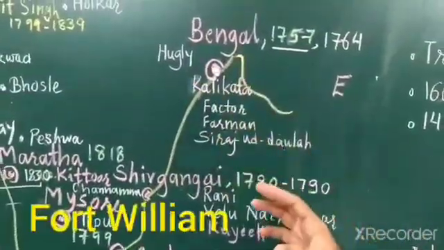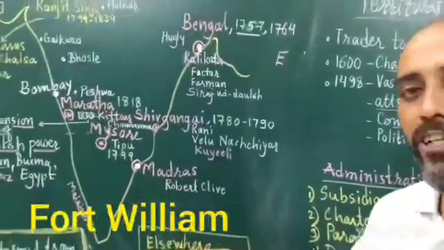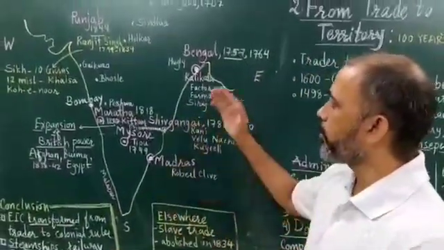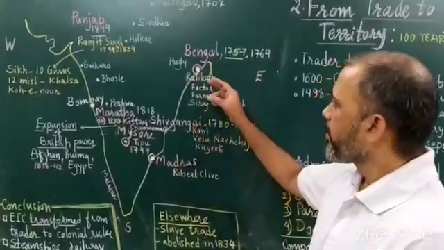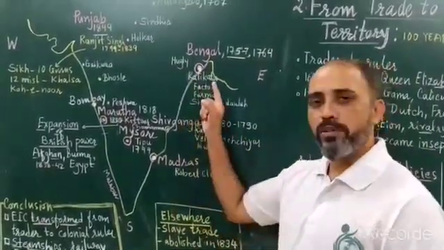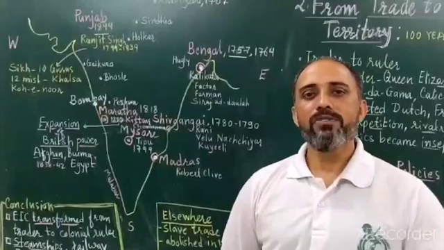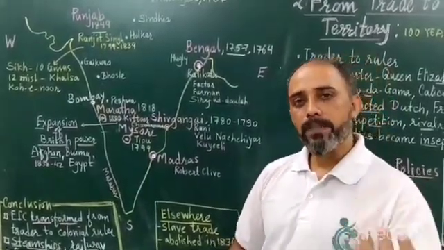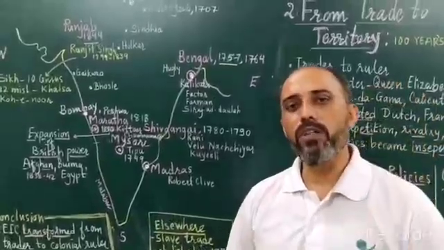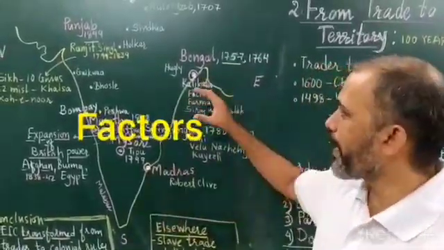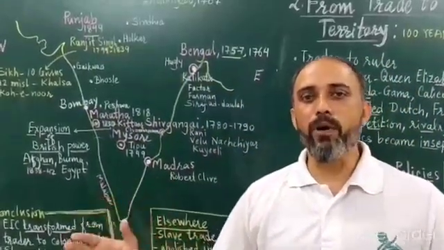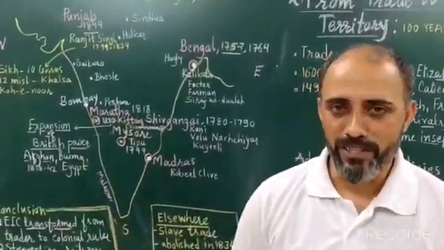There were three small villages that were later fortified and grew into a city called Calcutta. There lived factors. Who are factors? Factors were the company traders, who came all the way from England and settled in this fortified city. So it became a very important trading center for the British.